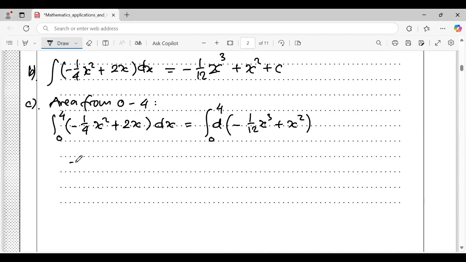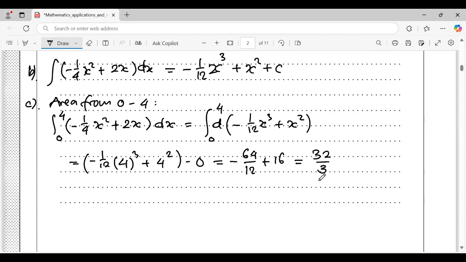So it's going to be minus 1/12, substitute 4 and 0, 4 cubed plus 4 squared, minus 0. If you substitute 0, it becomes 0. And the result is minus 64 over 12 plus 16, and it is 32 over 3.